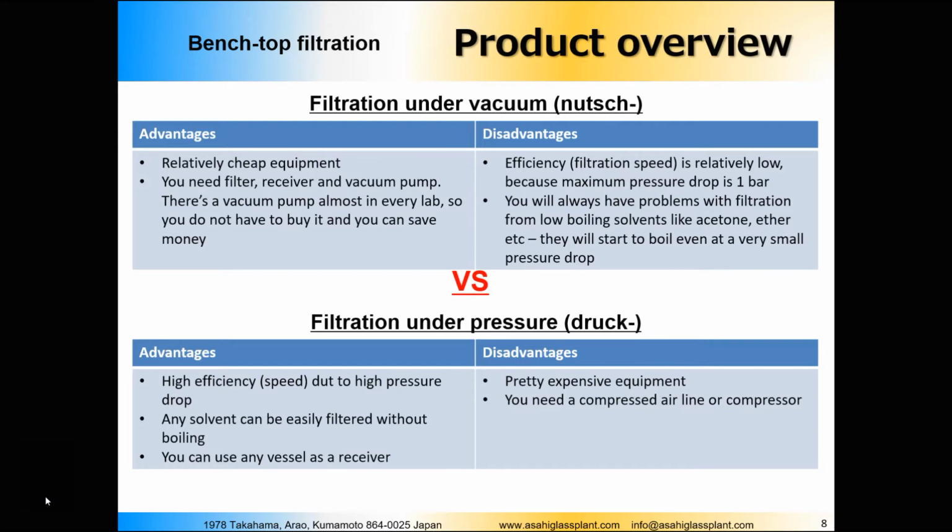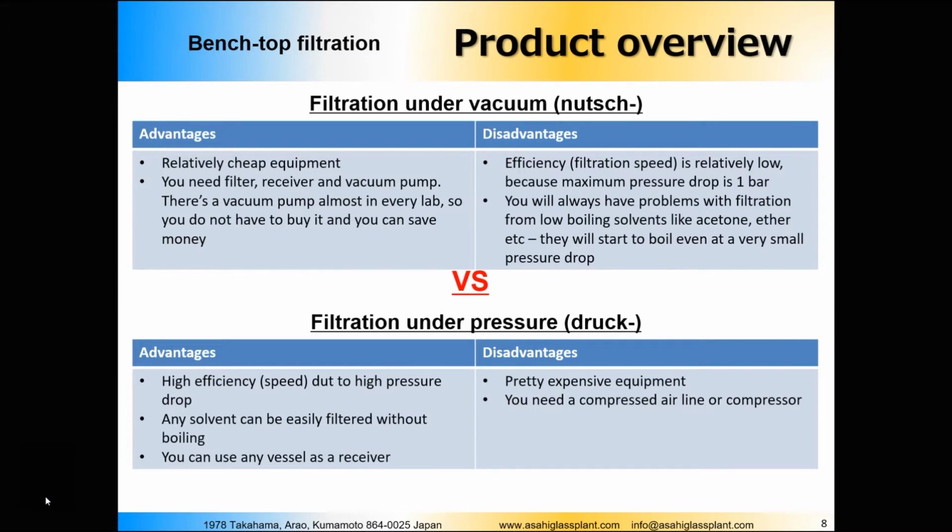For the filtration under vacuum, the vessel that you use as a receiver should be used under vacuum, because you're creating the vacuum inside the receiver in order to make the solvent get into this receiver. When we're talking about the filtration under pressure, there's no need for that. You can use just a standard barrel and put it under the filter, and that's it.